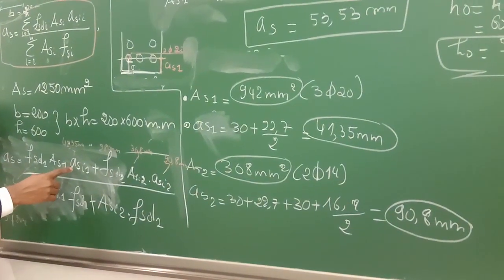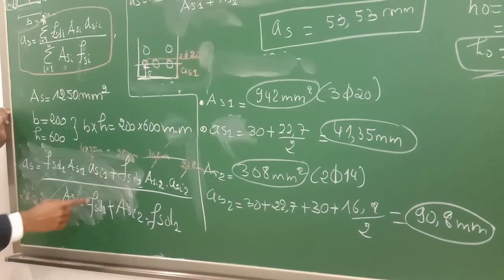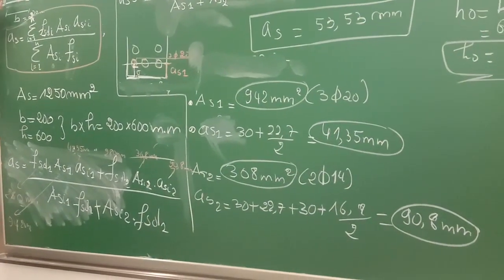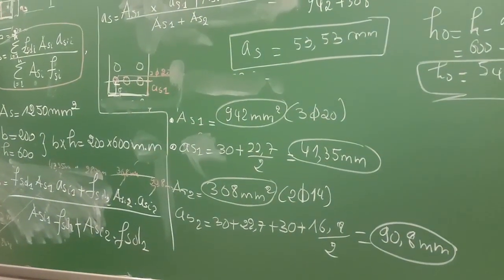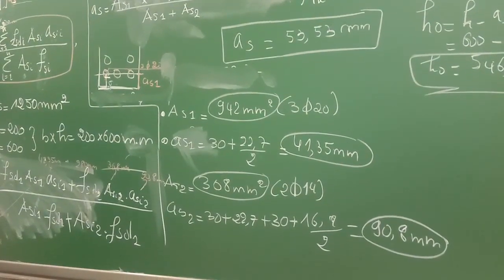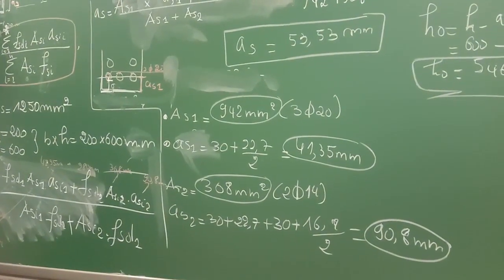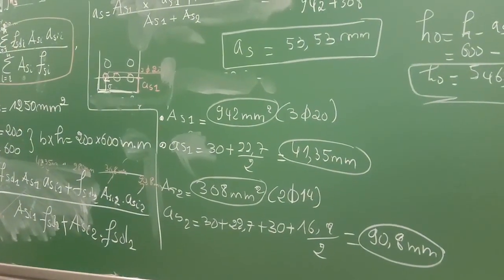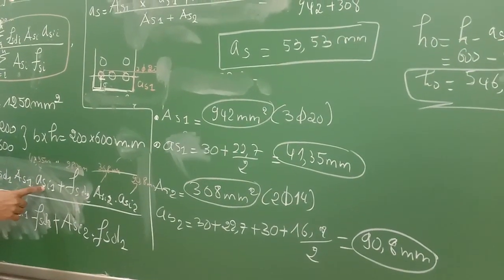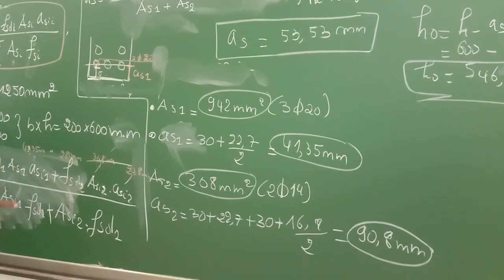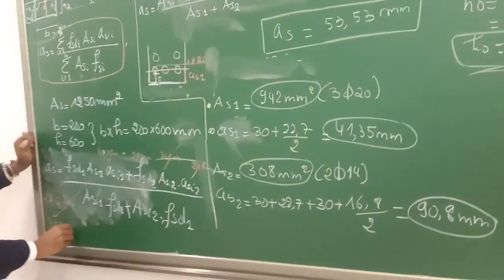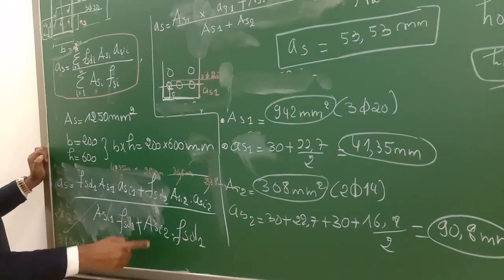And ASE1 is the distance between the bottom to the center of the first line of bar steel. We find it also, and that is 41.35 millimeters.